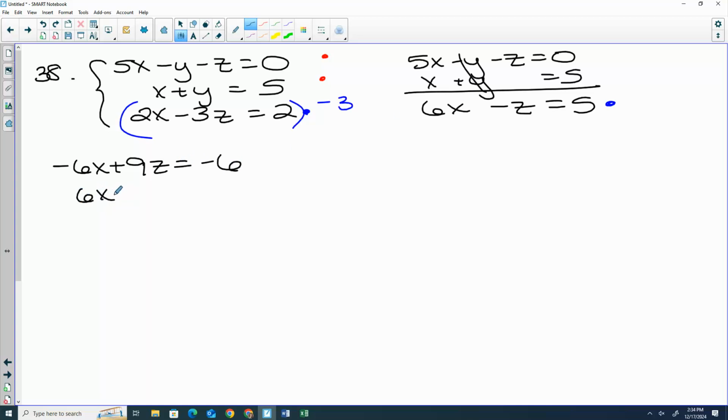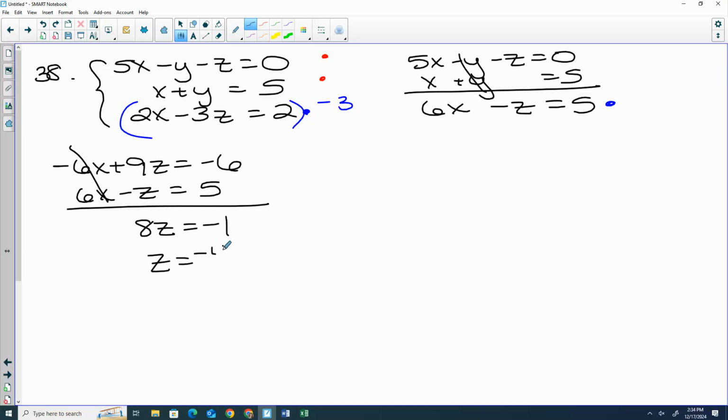This one's 6x minus z equals 5. If we add those together, positive and negative 6x are gone. 9z minus z is 8z equals negative 1. Divide, and z is negative 1/8.